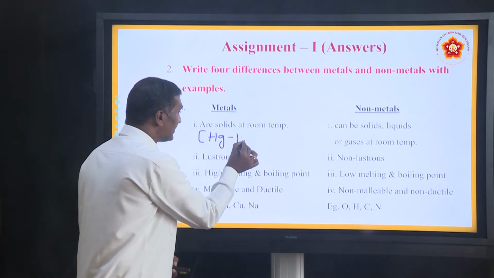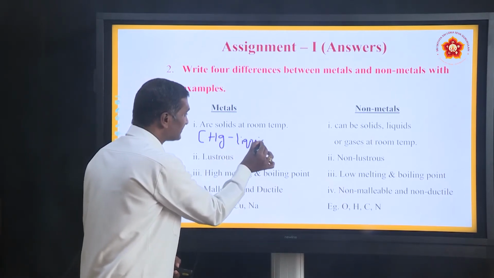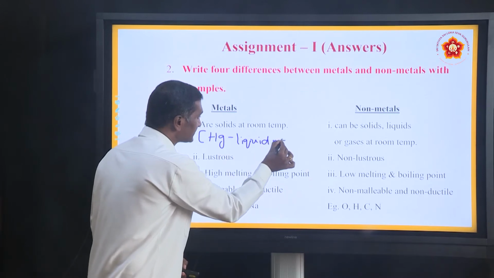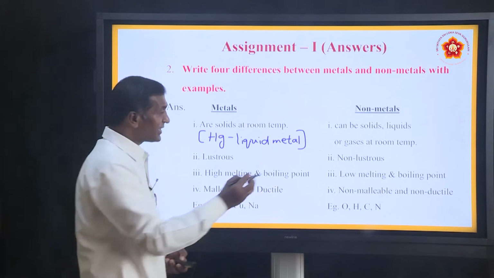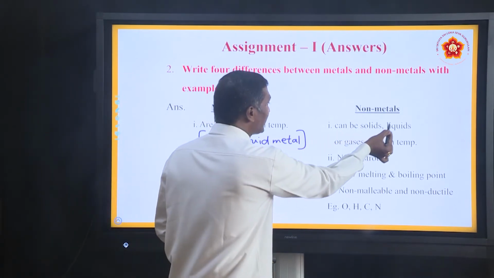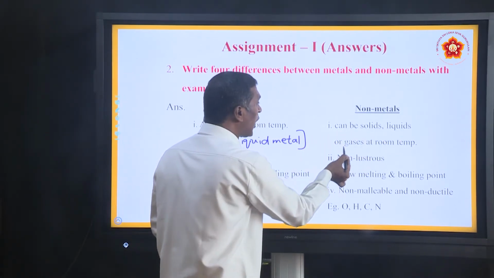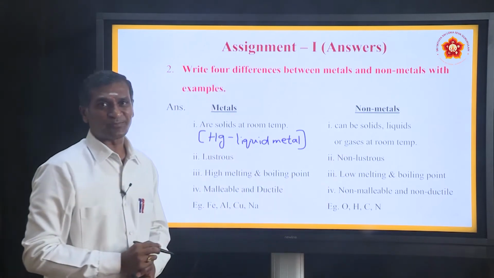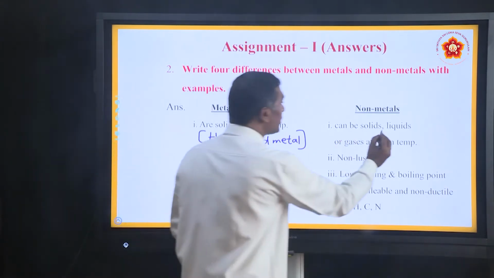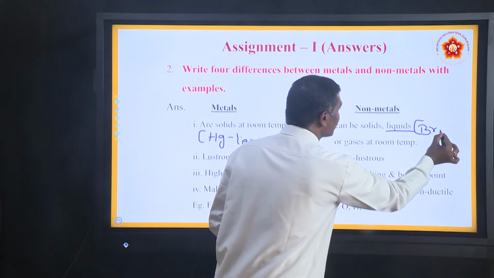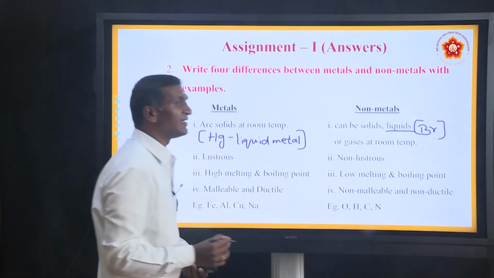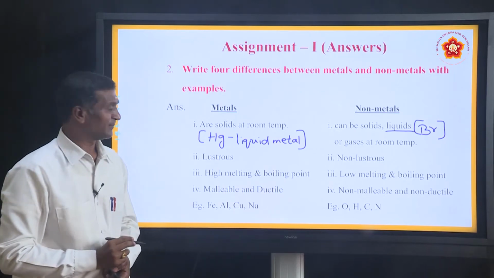It is a liquid metal. Non-metals can be solids, liquids or gases at room temperature. A liquid non-metal is bromine. The symbol is Br.